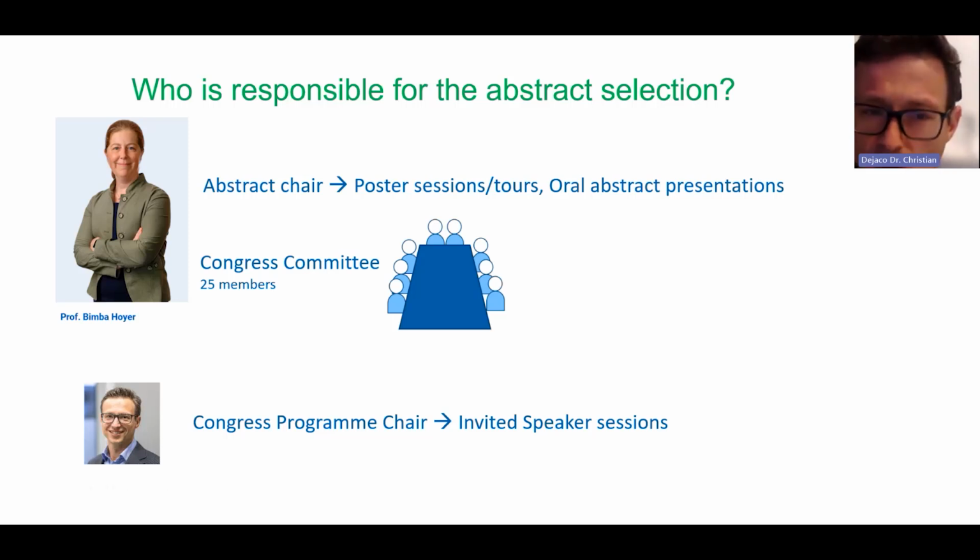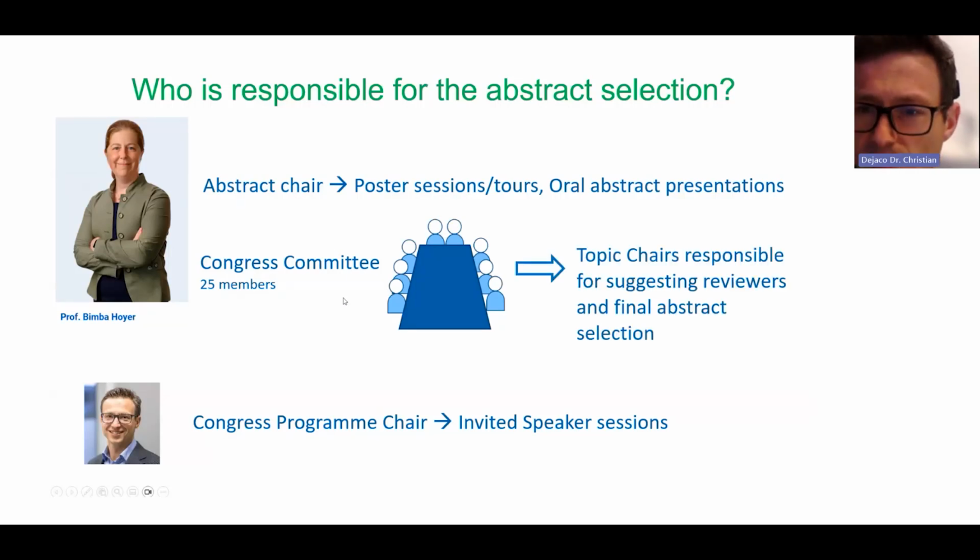However, she, or let's say we two, are not alone. We have a Congress committee behind us. The Congress committee contains 25 members. They were already heavily involved in the creation of the scientific program, but they are also serving as topic chairs responsible for the suggestion and selection of the individual reviewers, and they will also help with a final selection of the abstracts.